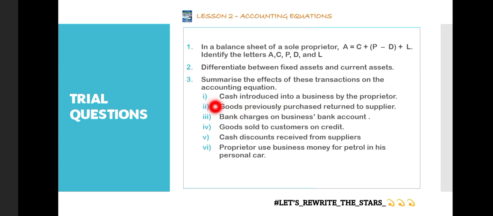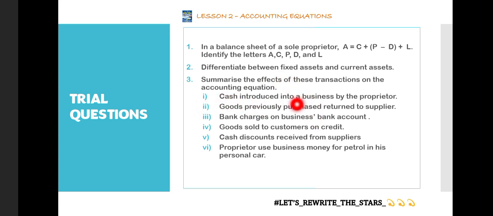Now the second one says goods previously purchased returned to supplier. Sorry, we went to purchase items from other people, and then we returned some to them because there were defaults or there were problems.